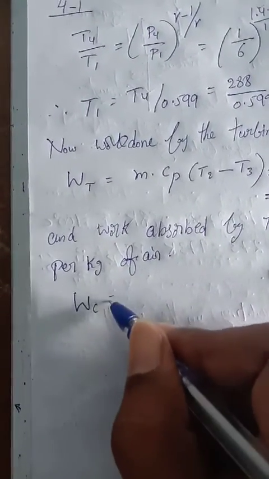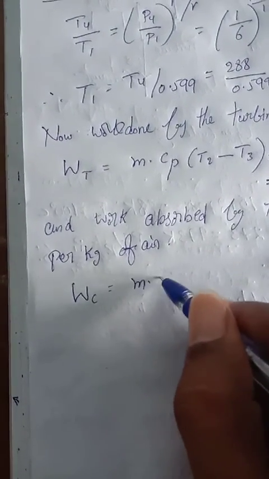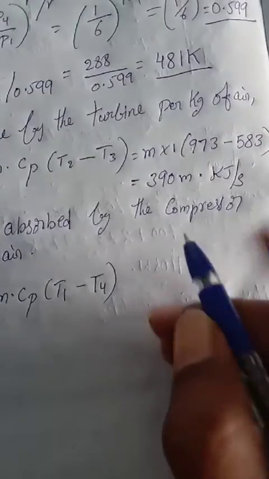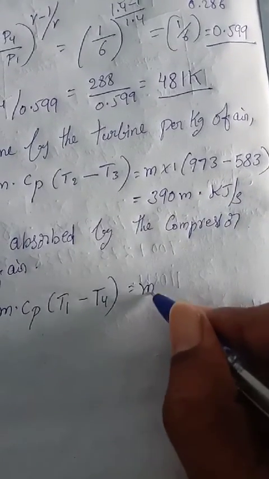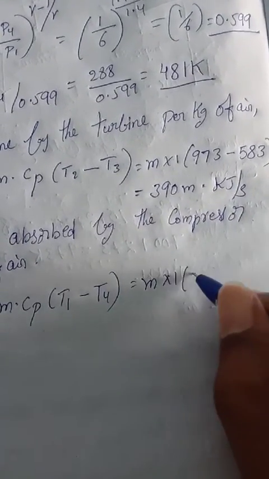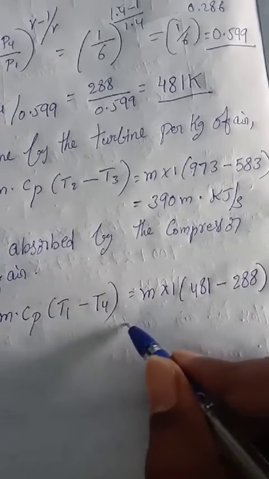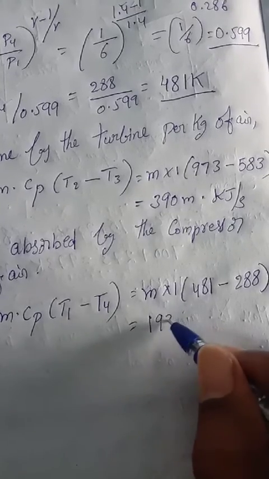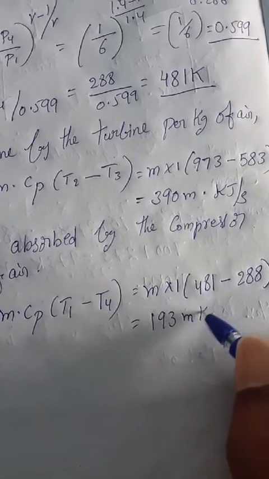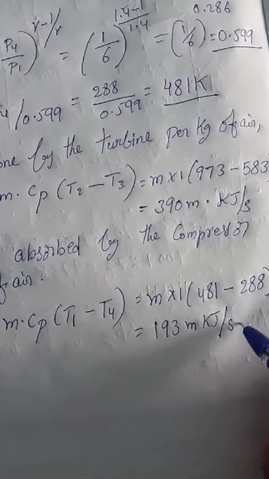So Wc is equal to m into Cp into T1 minus T4, that is m into 1 into 481 minus 288, so that is equal to 193 m kilojoules per second.